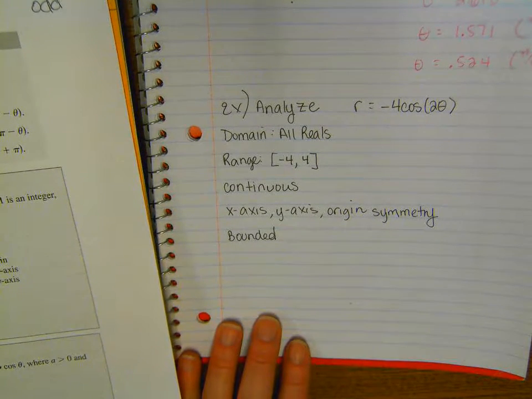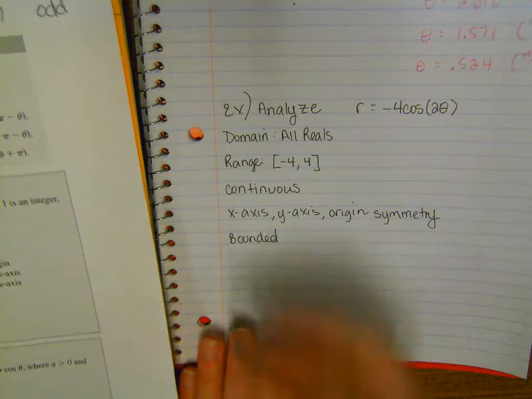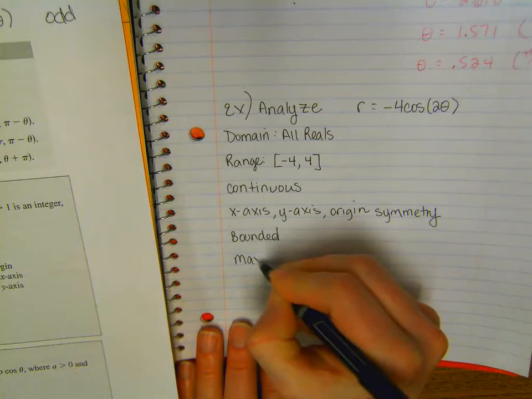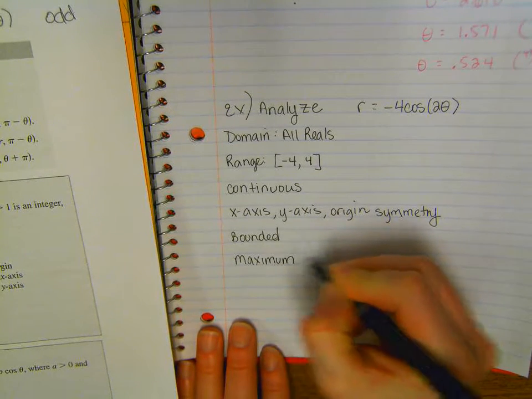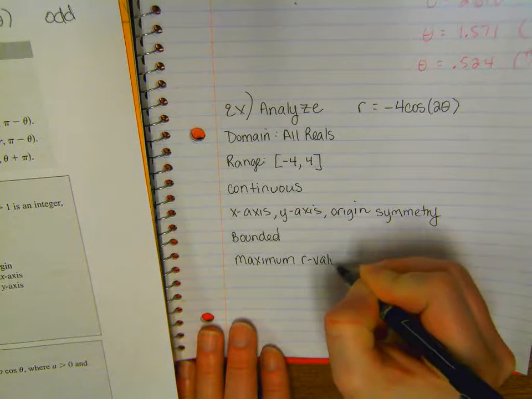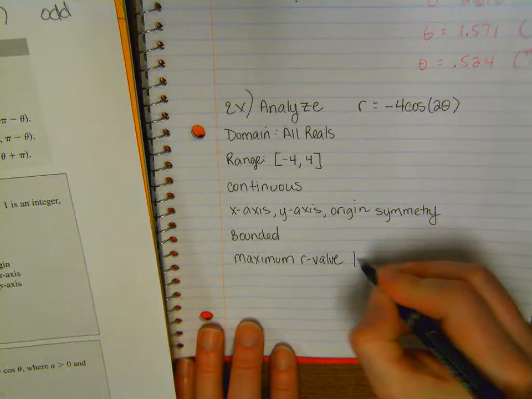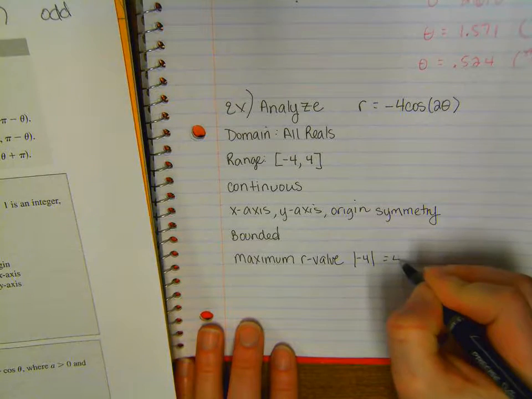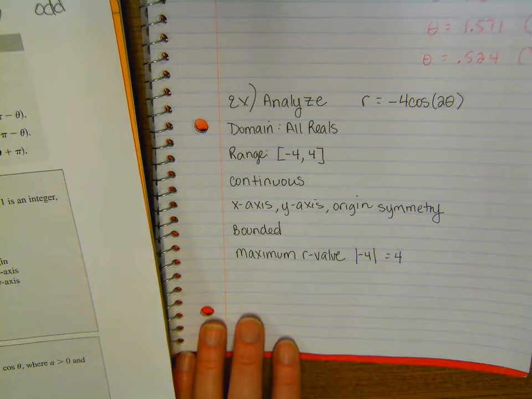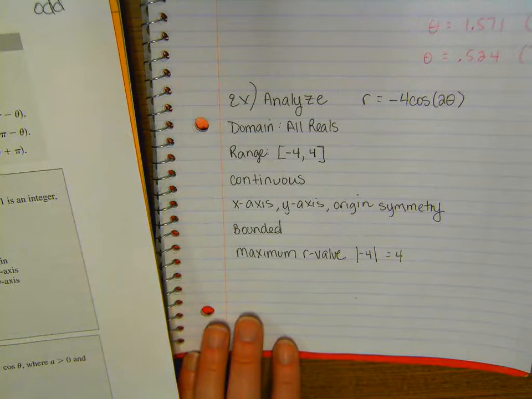What's the next thing we should state? The max R value. And what is that? Yep, it's the absolute value of A, which is 4. And there are no asymptotes.